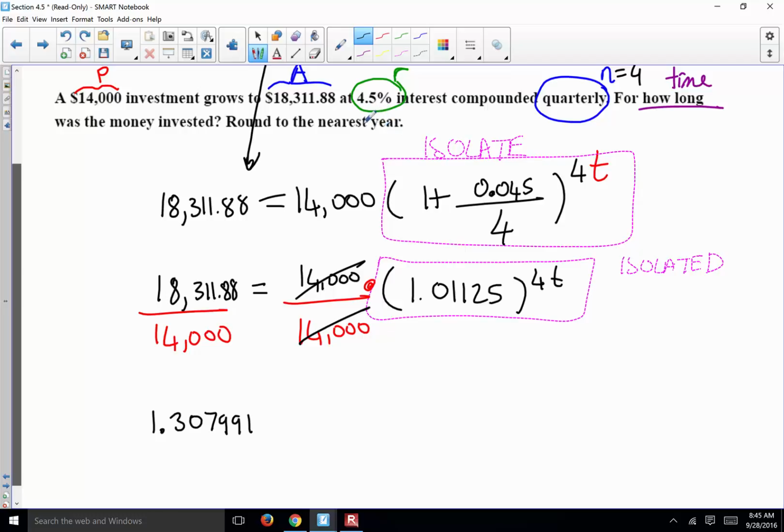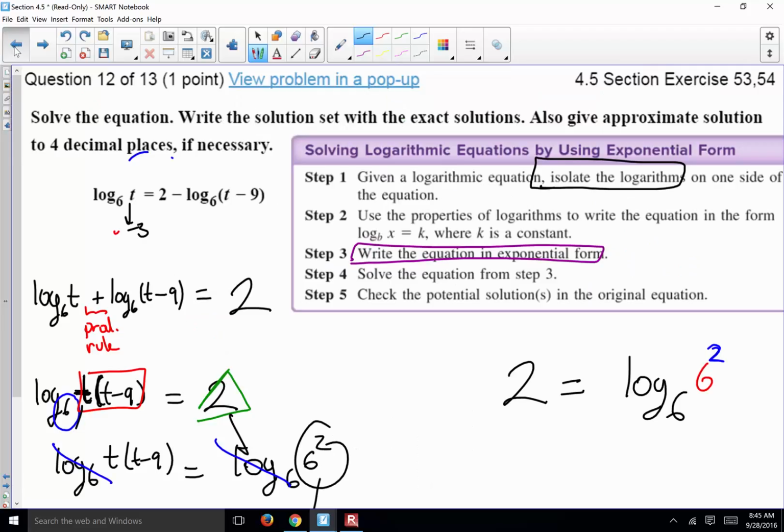It doesn't ask for so many digits, so you don't have to put them, but I just want to be cautious and put as many as I can. Alright, it's isolated now. We are at this stage.